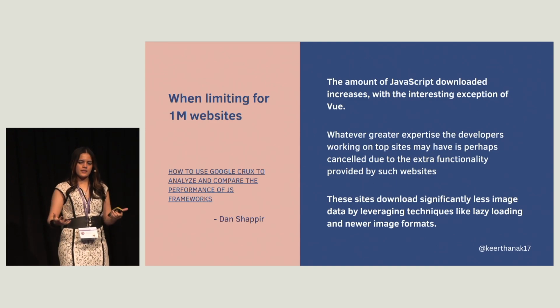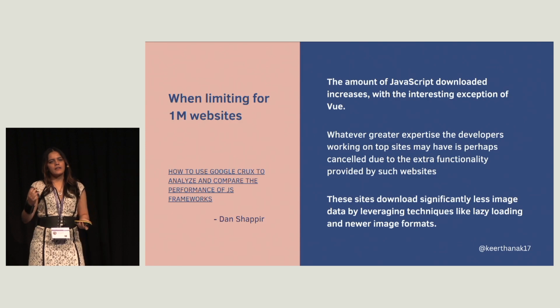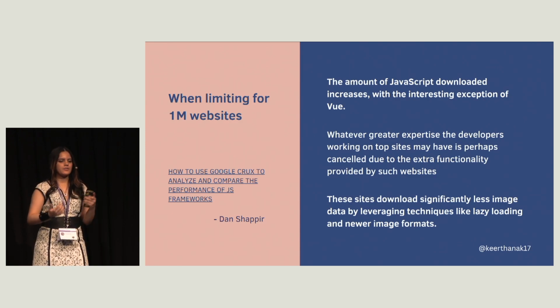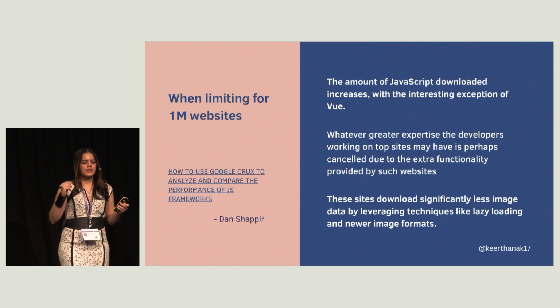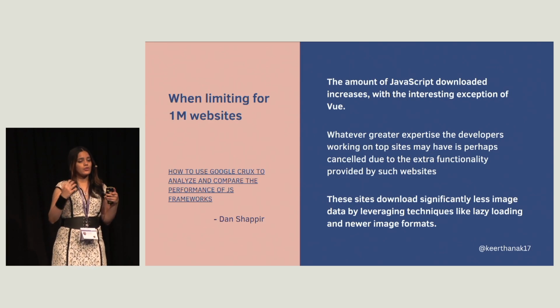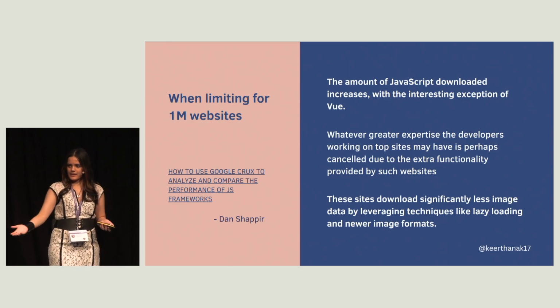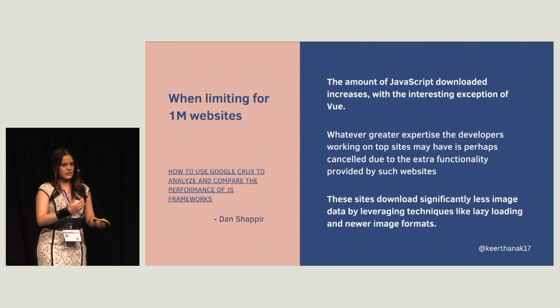Consequently, the kind of libraries that they use and the features that they give do have more JavaScript usage. But at the same time, compared to previous versions of the study, I believe, these newer websites download significantly less media data, not just images but videos. Images used to be one of the biggest drains on performance, and things are getting better. People are paying attention to it.